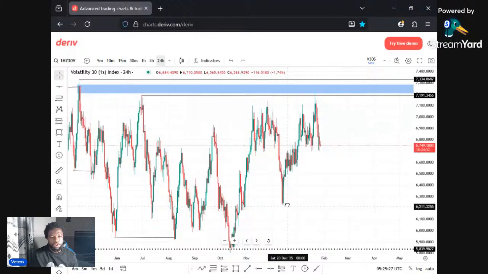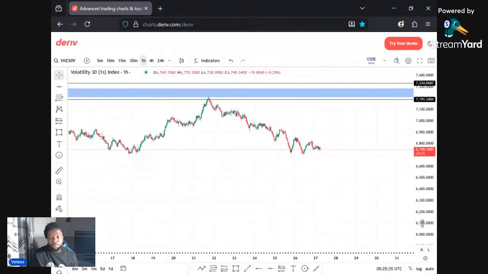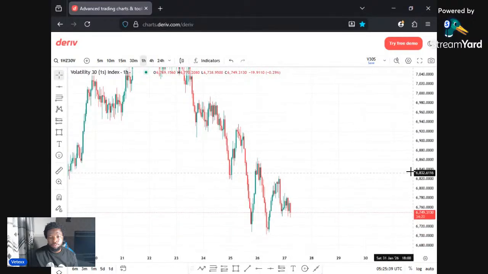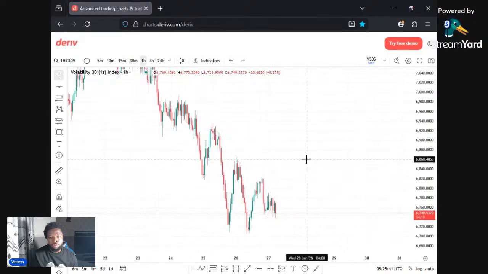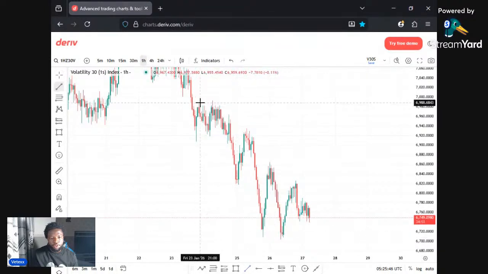Now let me go to the 1 hour time frame and check if we are going to see the continuation on the 1 hour time frame. Okay, good. So this is what you're anticipating on the 1 hour time frame. We have a sweep here. We have our first break of structure here.